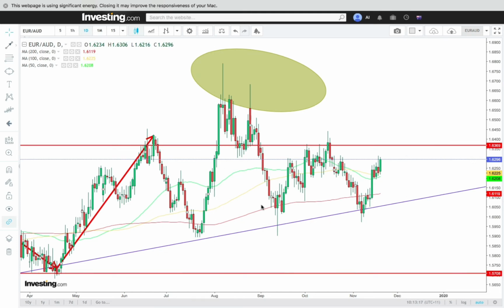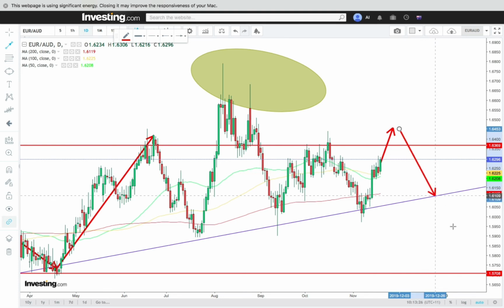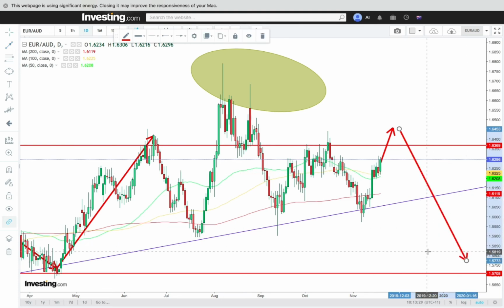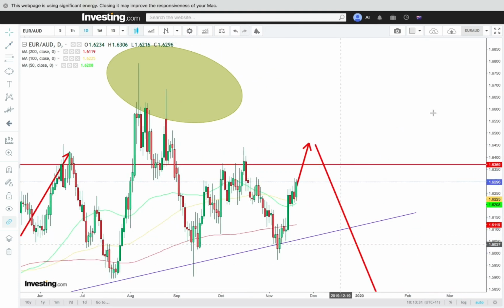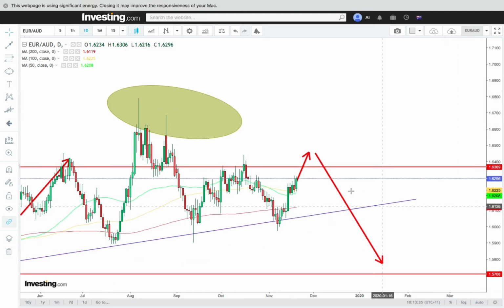Even though it goes from this area to this area, this is very likely to happen, but it's going to take a bit of time. It's not going to happen this week or next week. We have to be patient.